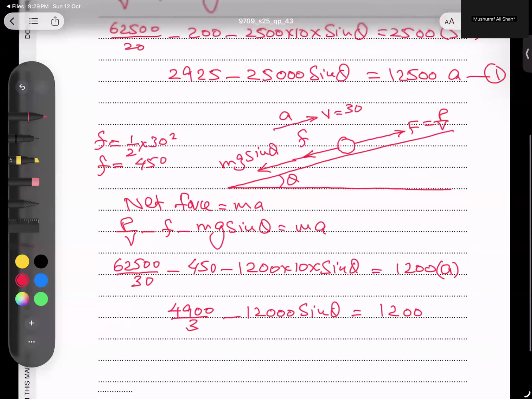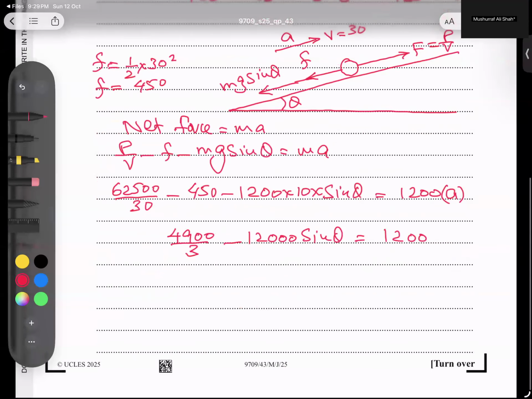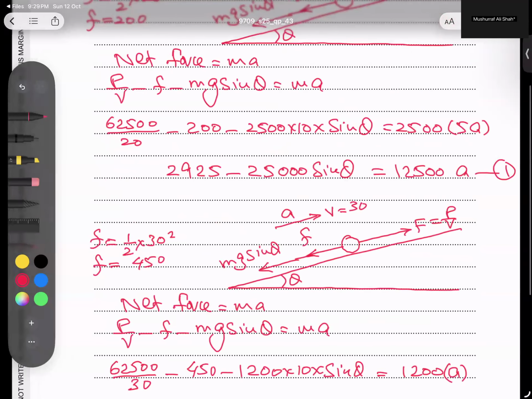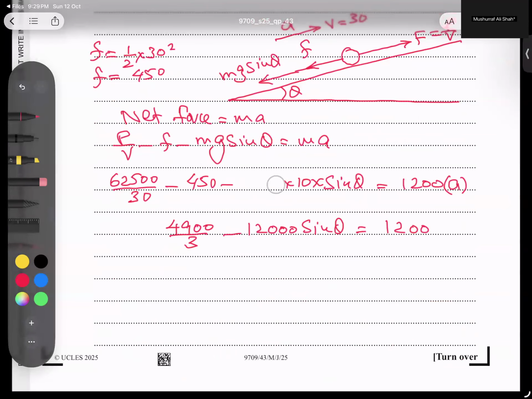This is a change, 12500 was a mistake. I have to write the mass, how much? 2500, yes, mass 2500.